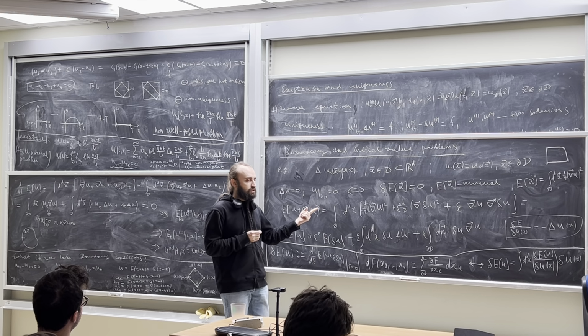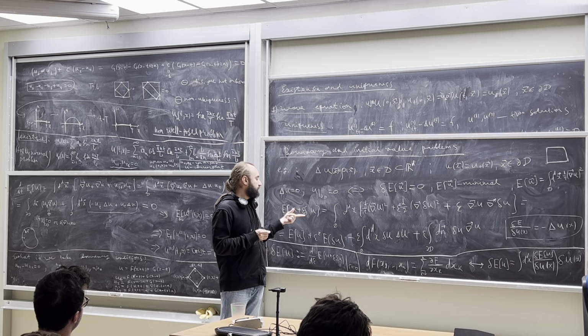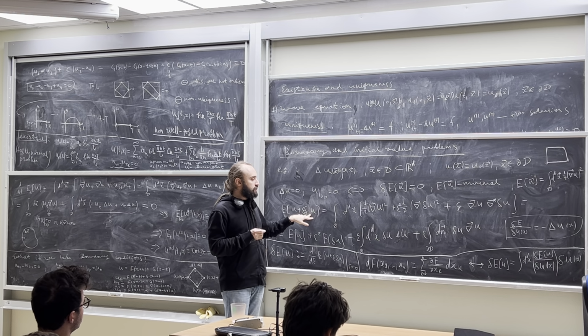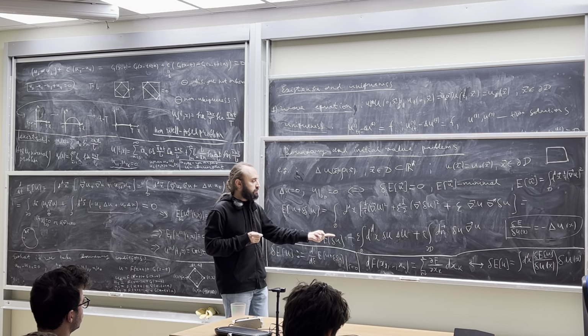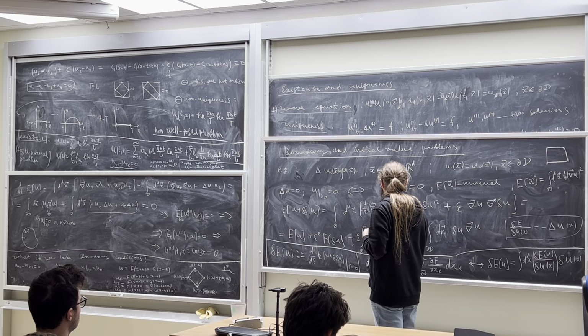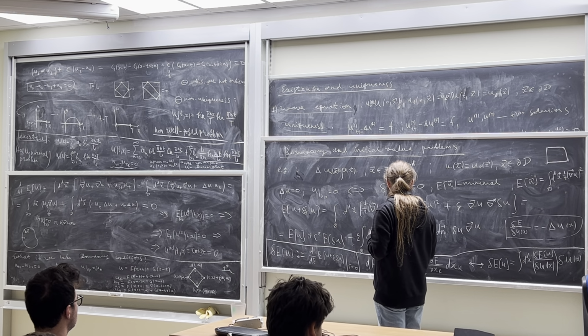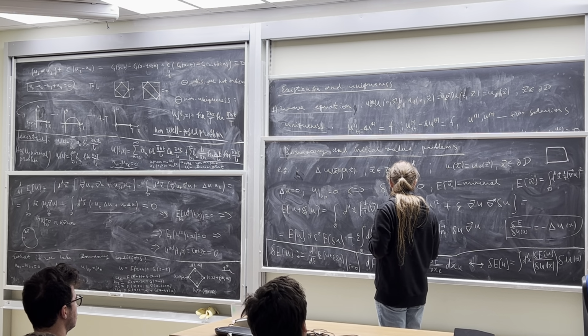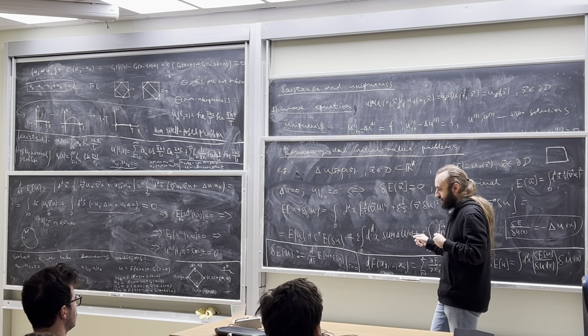If we compute this functional at a slightly shifted function, the linear term is proportional to delta u, in the sense that it is some integral of delta u of x times Laplacian u of x.